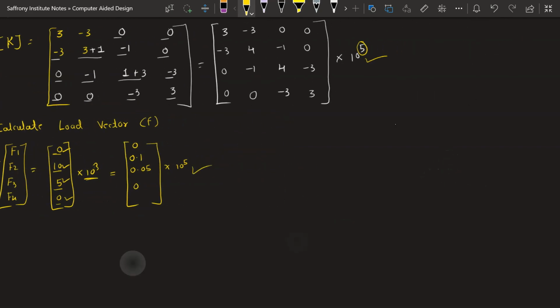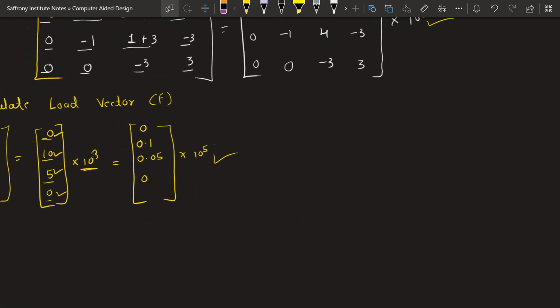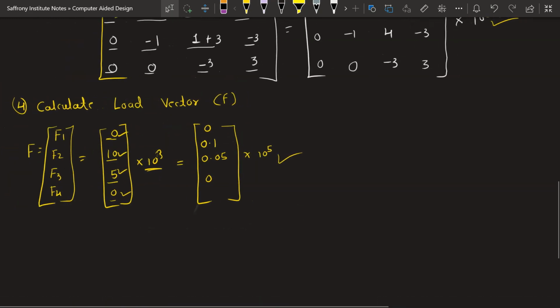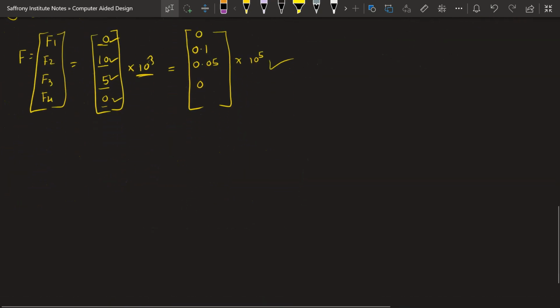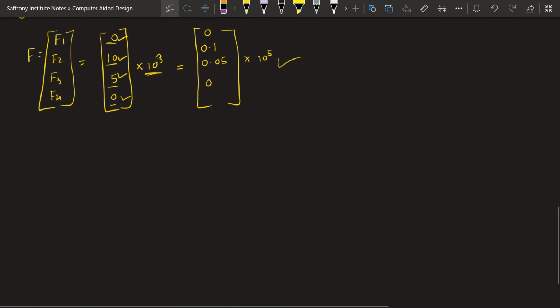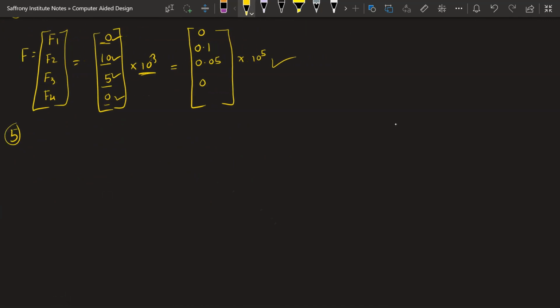Okay, so now let's move on further. For further we will go to the next step. Now we will figure out the displacement vector. So that will be the fifth step for us. What will the fifth step be? This will be the displacement vector. So let's write it down. Displacement vector.